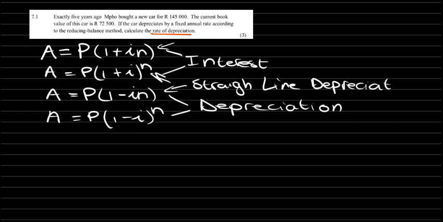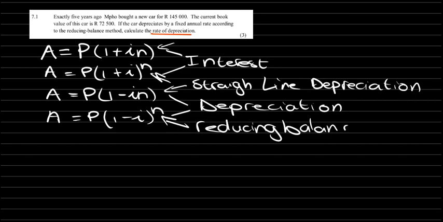Okay, so I'm not going to focus too much on the interest because we know that this is simple interest right there and this is compound interest right there. What we are focusing on, because that's what the problem specifies, is the depreciation part of it. We want the rate of depreciation. So when we look at these, this one is called the straight line depreciation, and this one at the bottom is called the reducing balance depreciation.